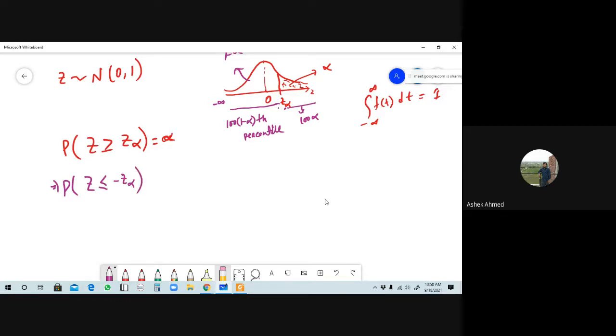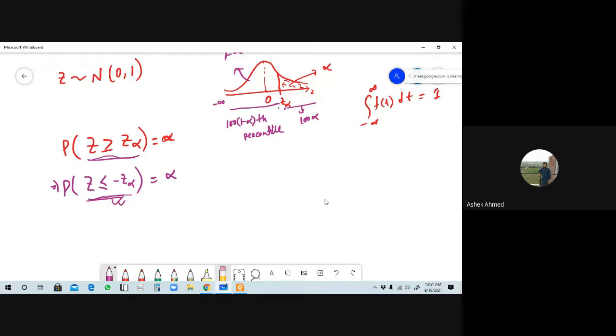The outside will be alpha. Now tell me, do you understand the difference between these inequalities? If you multiply both sides of the inequality by minus 1, you will get this result. Understand?